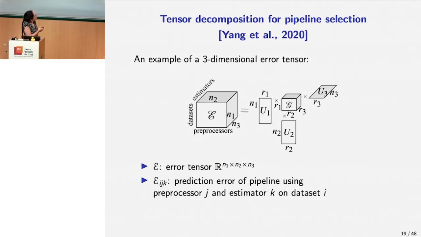For every data set, for every estimator, for every preprocessor, I'm showing 3 dimensions, but this tensor could have many more dimensions. I'm going to collect the information about the error of the pipeline consisting of, say, that estimator and that preprocessor on that data set in the corresponding entry of this tensor. Now that I've gotten higher dimensional, I probably should not collect all the entries, so I'm going to have to use tensor completion in order to estimate a compression of this tensor into some tensor format.